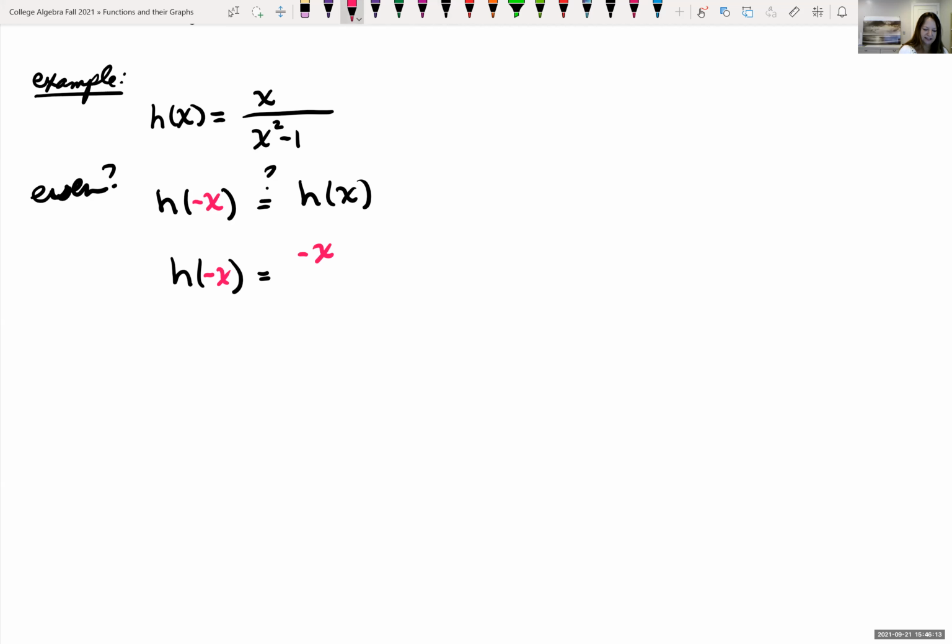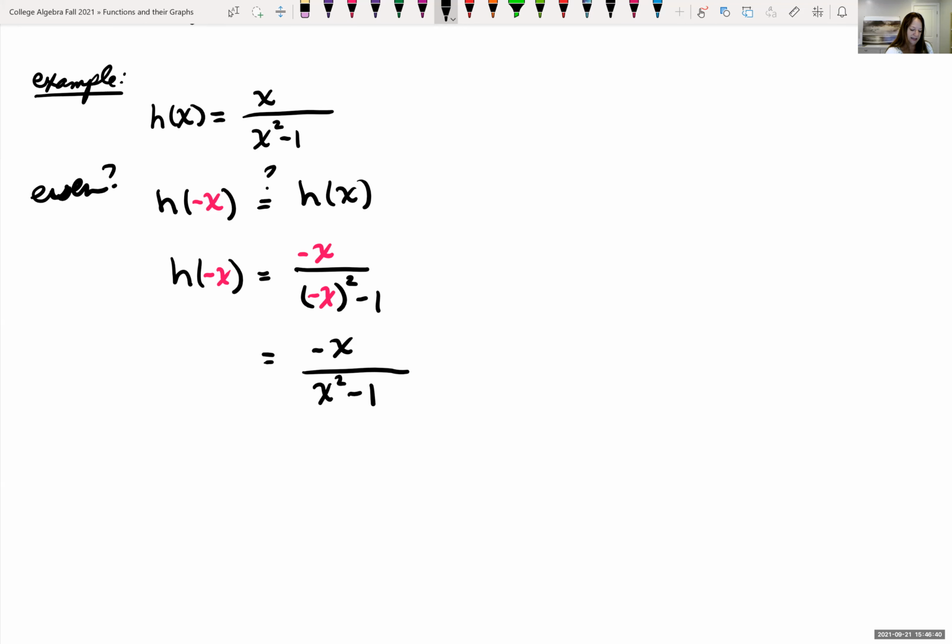So we have negative x here all over. I see an x, I'm going to have to square it. So negative x quantity squared minus 1. If I reduce this down, I get negative x. Well, negative x times negative x, that negative x quantity squared gives us back positive x squared minus 1.